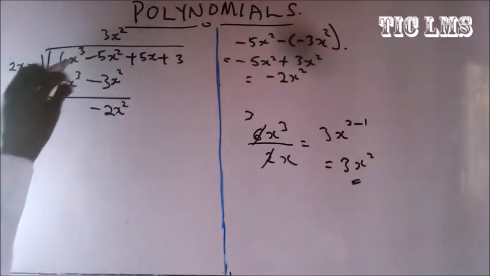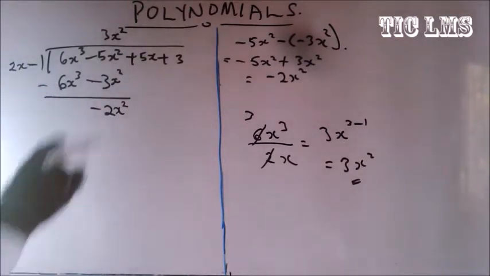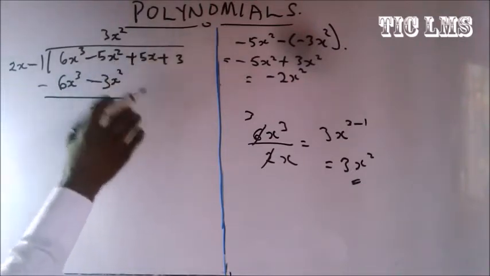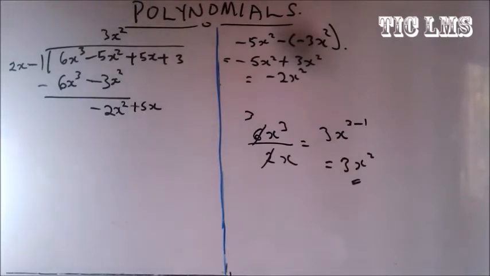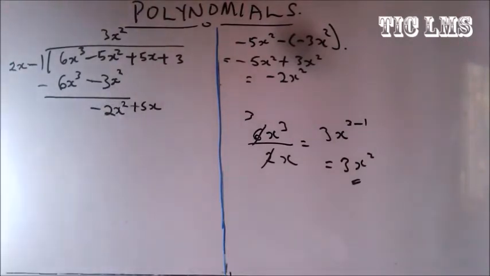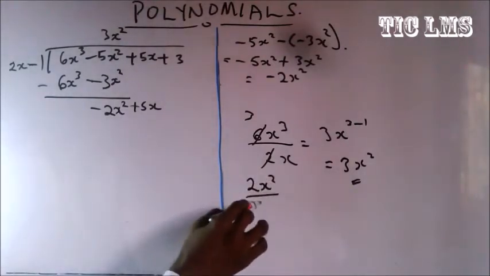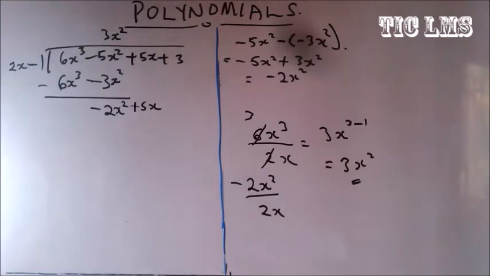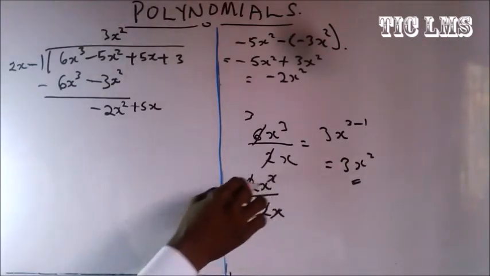Then 6x cubed minus 6x cubed will give 0, and so we may not need to add it. Next, we'll bring this plus 5x down. That's plus 5x. Next is to say that 2x into minus 2x squared. That means minus 2x squared divided by 2x. 2 cancels 2, and x cancels 1x.